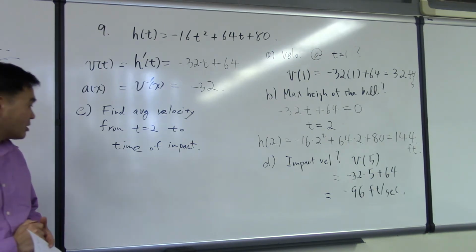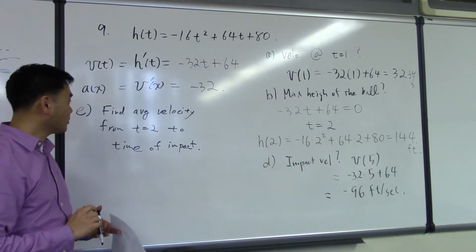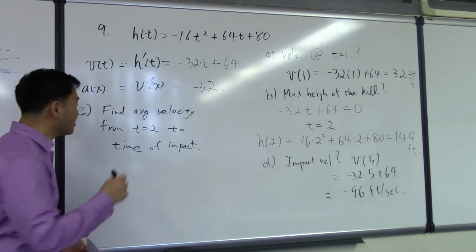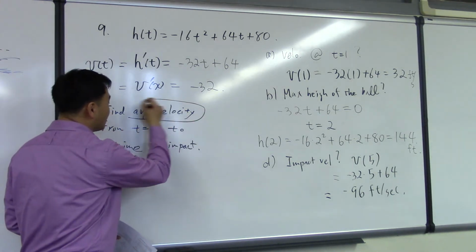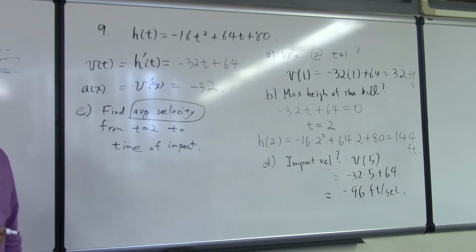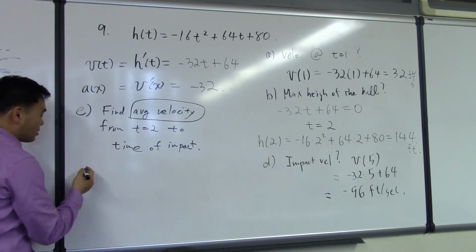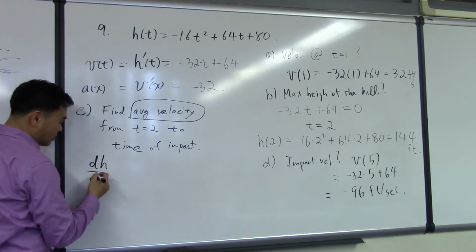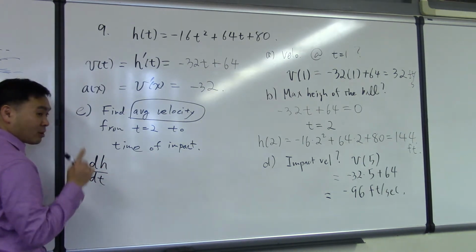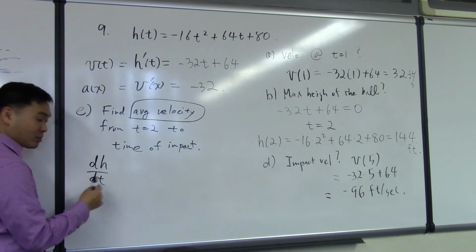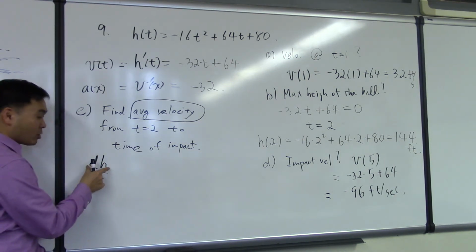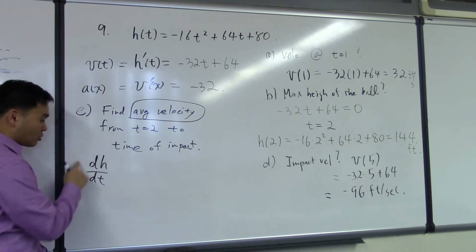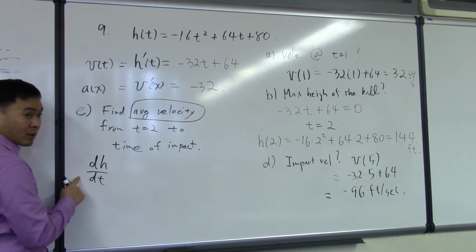Instantaneous velocity is the derivative. So when they're asking for average velocity, they're not asking for instantaneous velocity. So what is the instantaneous velocity? It's dh/dt. At some moment in time, in a very short duration, you want to know the change in the position and you want to know the ratio. That is the derivative.